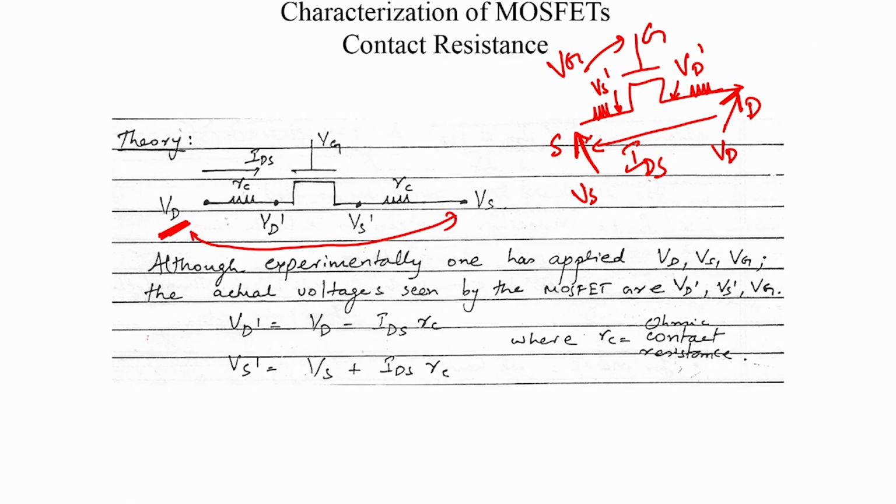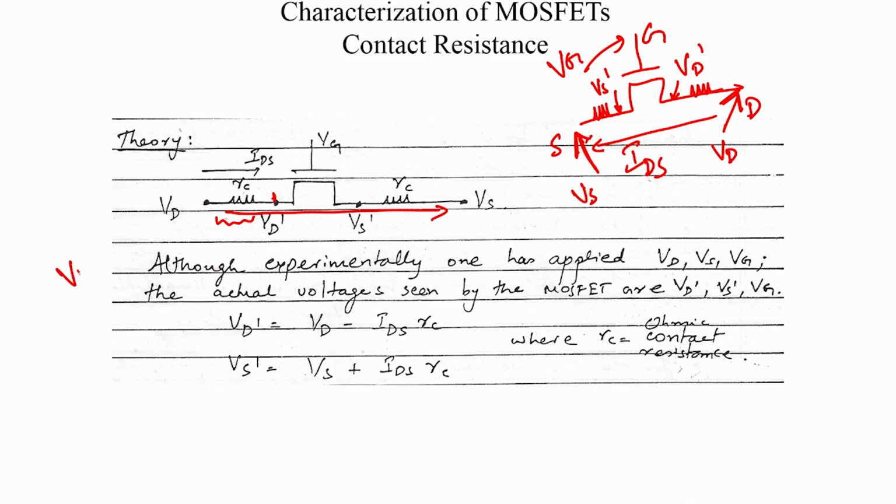But in reality, due to the presence of contact resistance, the MOSFET is seeing a lower drain voltage and a larger source voltage, because if you have a current flowing through this device, it is going to result in a voltage drop here.